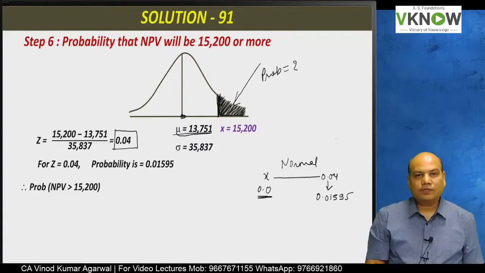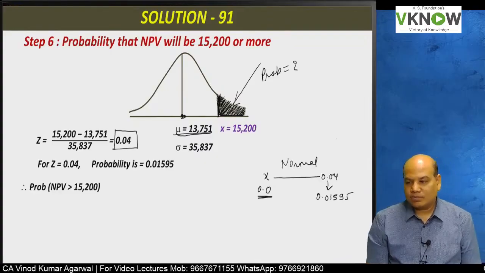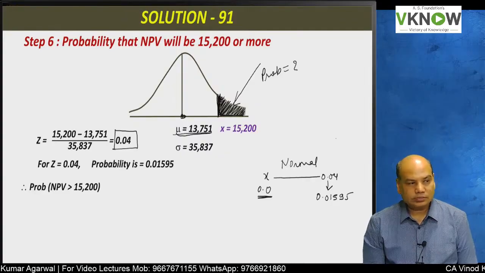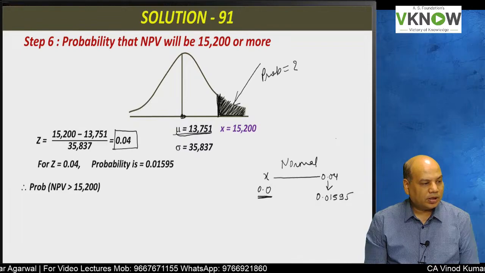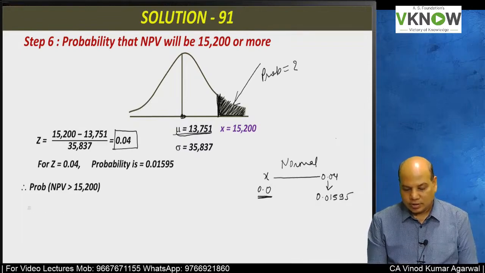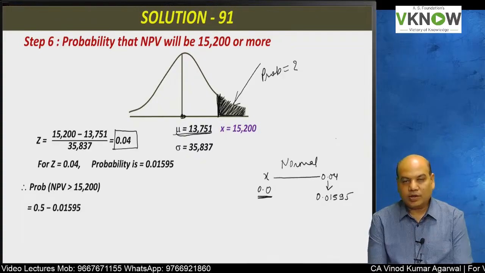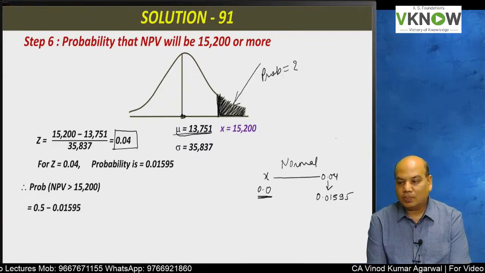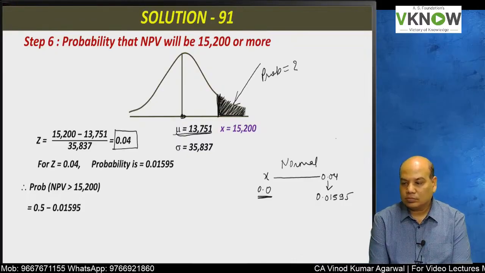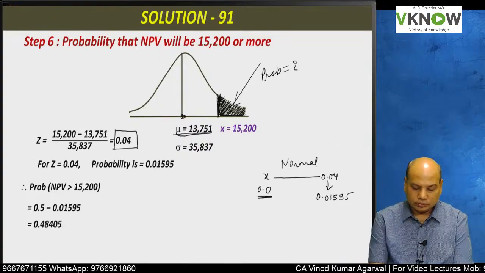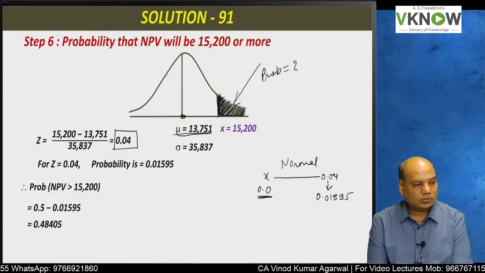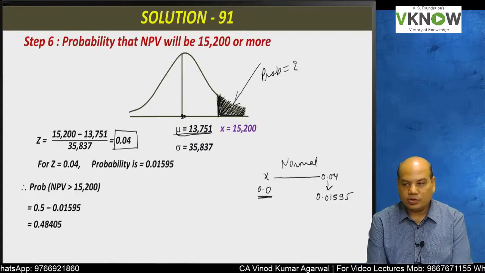Therefore, probability that NPV will be greater than 15,200 is equal to 0.5 minus 0.01595 is equal to 0.48405.